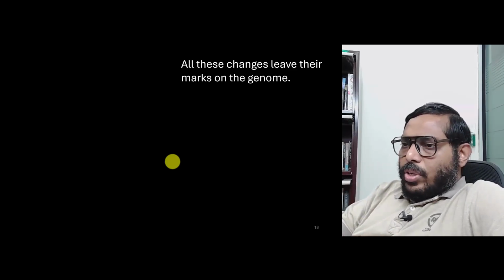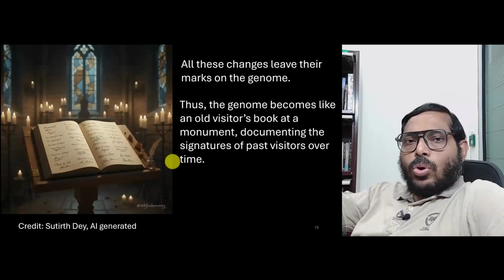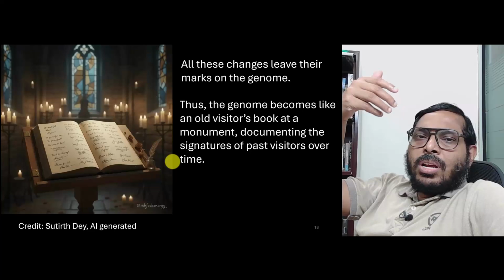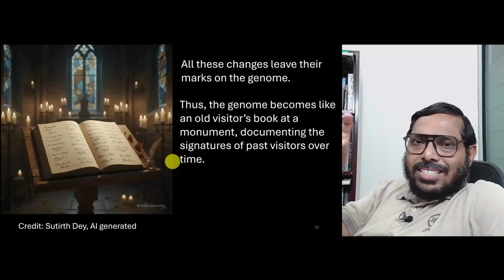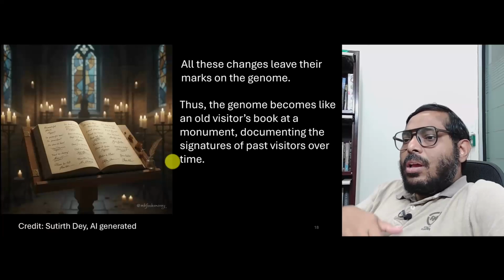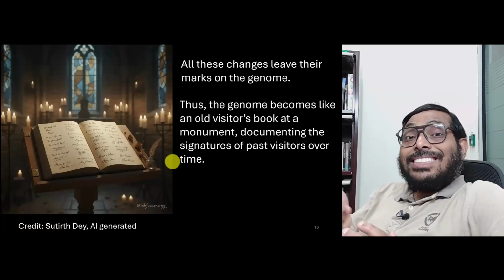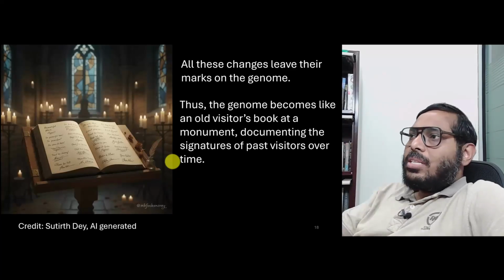So you can think of our genome as a very old visitor's book, the kind that they keep in various shrines or monuments, where people go and sign and say something about their feelings and so on. This has been accumulating all these signatures over the last several years, and in the context of the genome, for millions of years.